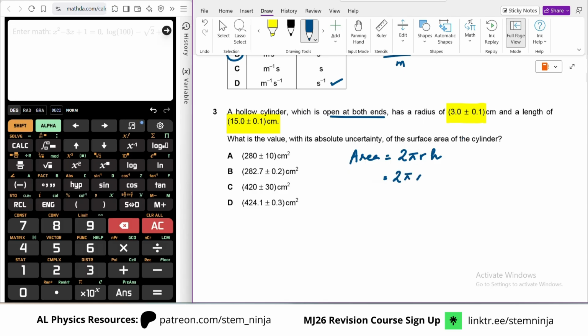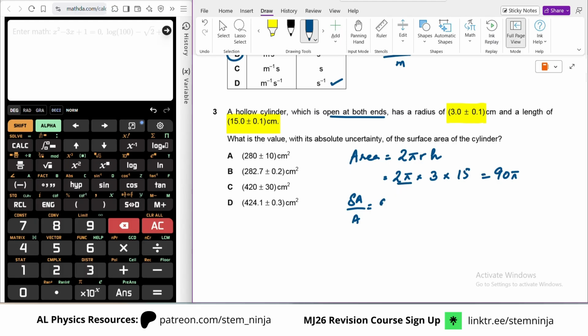So 2 pi times by radius times by length 50. So this is 15 times by 3, 45, 45 times by 2, 90 pi. Let's keep it exact because that's what we need. Then we need the percentage or fractional uncertainty.